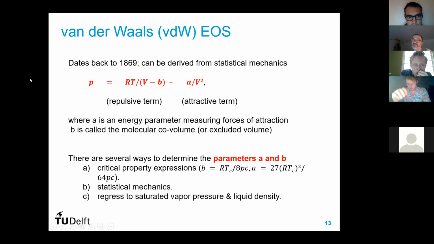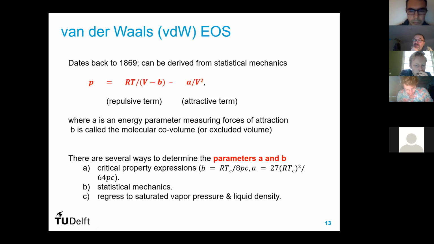And this is what's happening after you increase the pressure. A is often called the energy parameter, and B is often called the molecular co-volume or excluded volume.